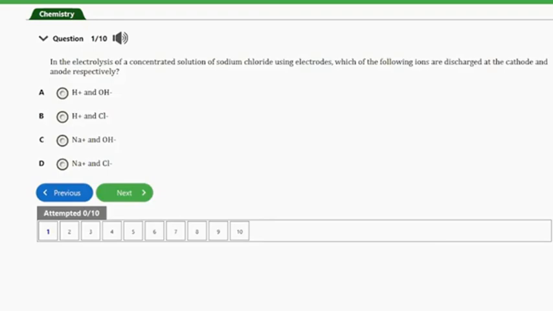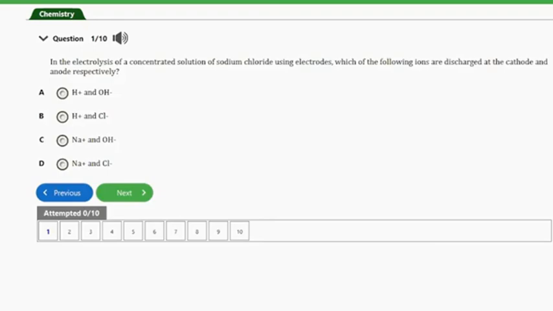We have to understand that hydrogen ion is actually less stable than the sodium ion, so preferentially it will discharge producing hydrogen gas at the cathode, whereas the chloride ion has a higher concentration than the hydroxyl ion, so preferentially it will also be discharged at the anode, producing chlorine gas there.